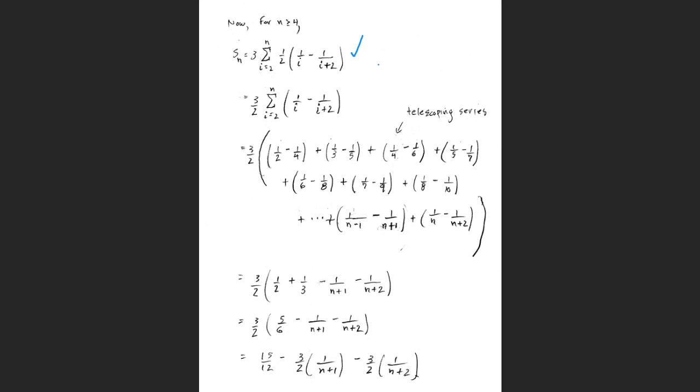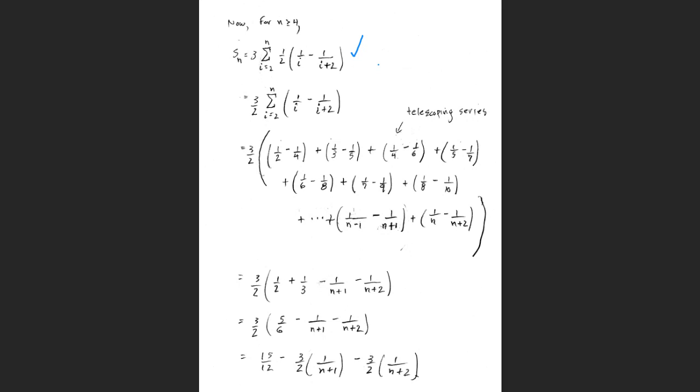I'm saying here I want n to be greater than or equal to 4, just because I need enough terms to see what the pattern is. Remember, we're going to try to find an expression for the nth partial sum, and then let n go to infinity. But in order for me to understand what's happening, I have to at least have four terms of the partial sum.